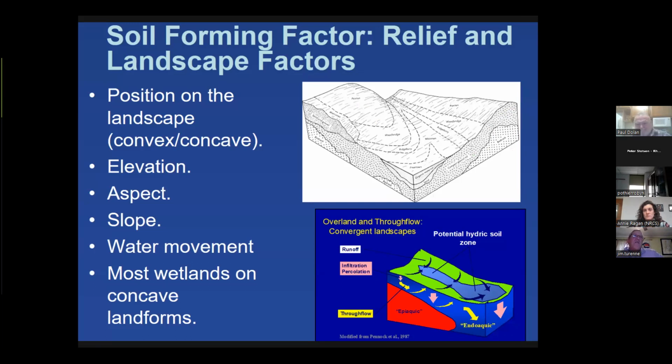If you're on a convex slope, such as where that Paxton soil is located, that's going to be a well-drained soil. The water is going to shed off of that. Water flows downhill, so it's going to be moving to your lower elevations until you enter your drainage areas or your concave slopes. So that's what we call a soil catena, where we have all the same soils occurring on a landscape. The only difference is the depth of water.